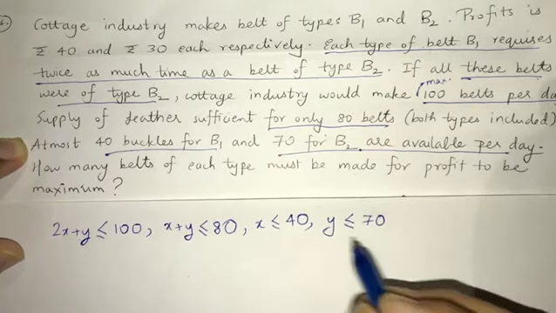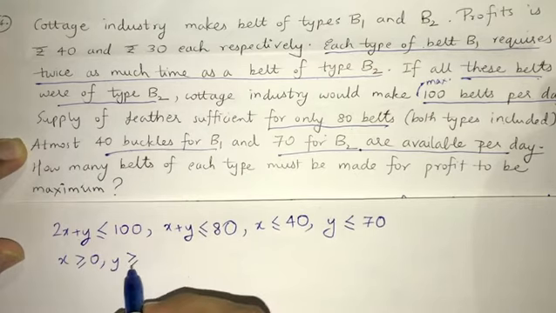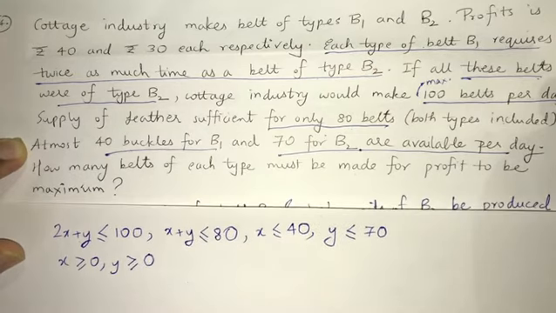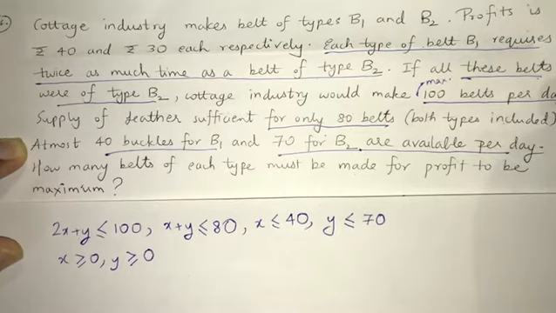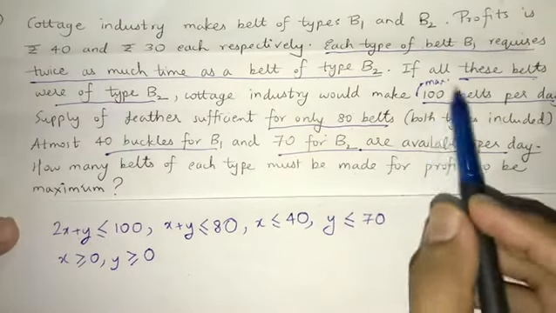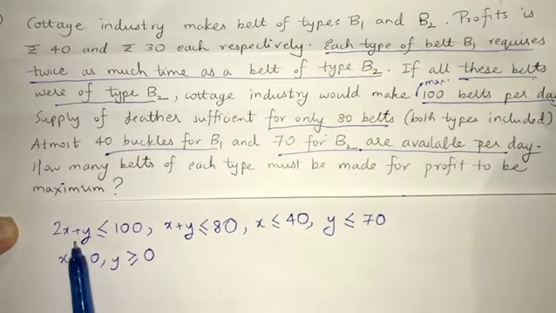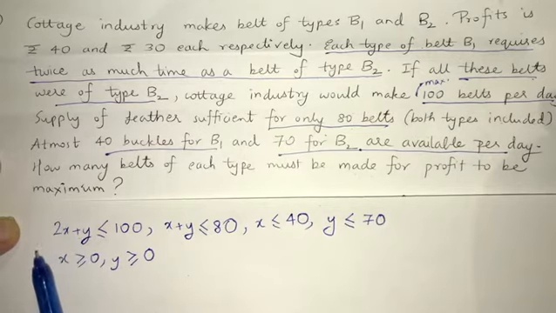Now there has to be a non-negativity constraint. X is greater than or equal to 0, y is greater than or equal to 0, since the belts production cannot be negative. I repeat the constraints. If all the belts of type B2 are produced, 2x plus y is the total number of B2 belts. By stopping the production of B1, we get 2x amount of B2, and 2x plus y cannot exceed 100.